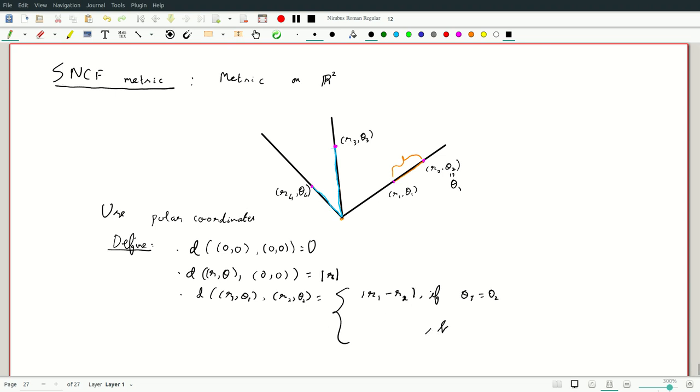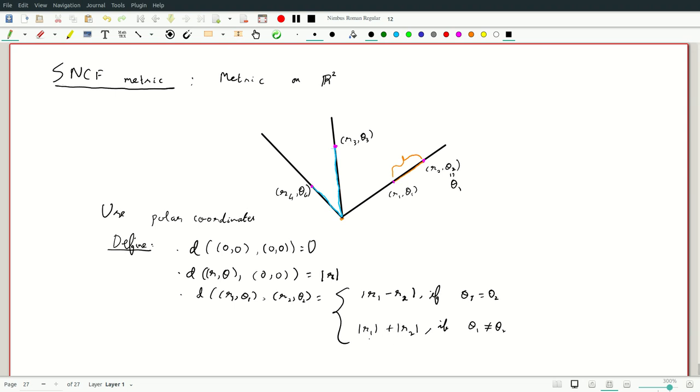And if theta 1 is not theta 2, then it's mod r1, the distance to the origin, plus mod r2.